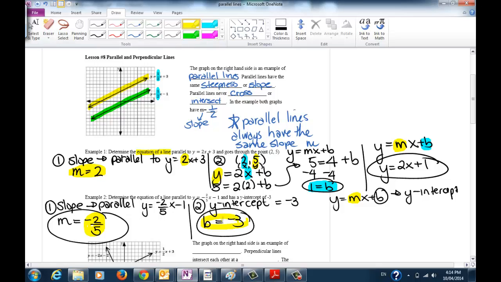I also know that b is negative 3. So I'm going to substitute those in there. y equals negative 2 over 5 x minus 3. That's my equation of my line. I'm done. So our goal is to use the two pieces of information in the word problem to create the equation of the line. That was our goal for the first two questions.